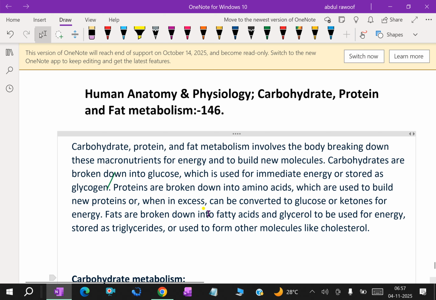Proteins are broken down into amino acids, which are used to build new proteins, or when in excess can be converted to glucose or ketones for energy. Fats are broken down into fatty acids and glycerol to be used for energy, stored in triglycerides, or used to form other molecules like cholesterol.